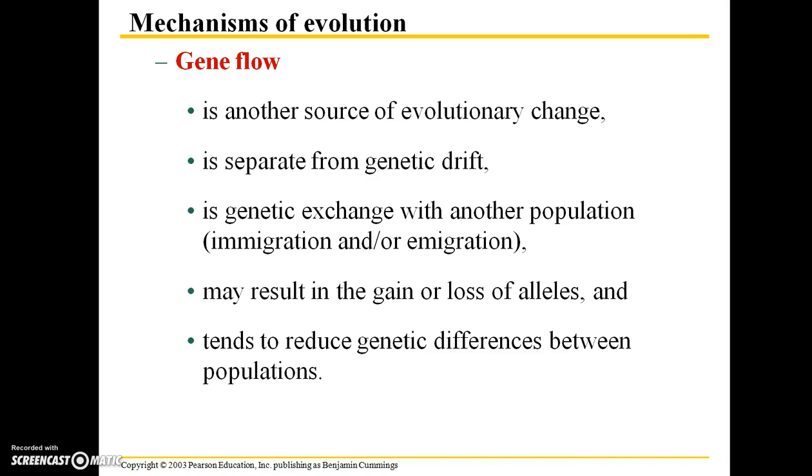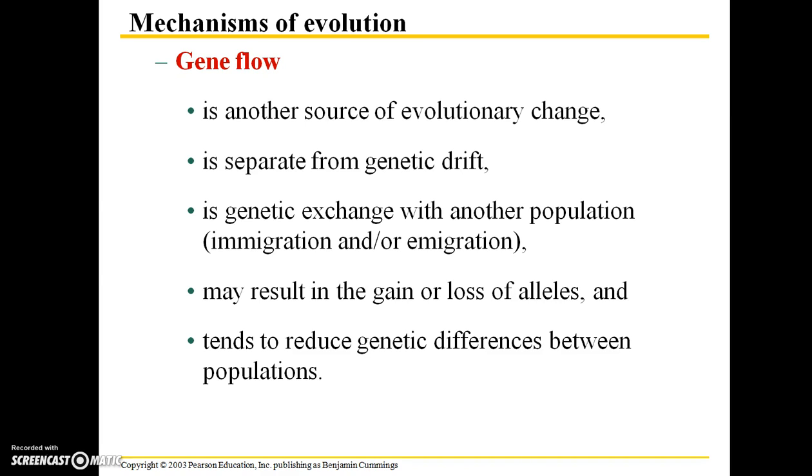Gene flow is another source of evolutionary change, so this is a separate mechanism of evolution from genetic drift. It can be defined as genetic exchange with another population through immigration, which is individuals coming into an area, and/or emigration, which is individuals leaving an area.